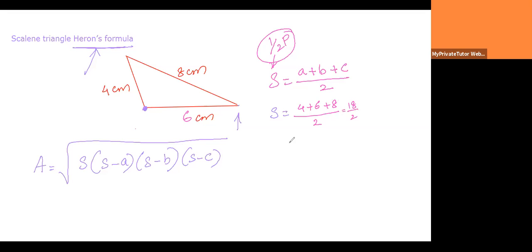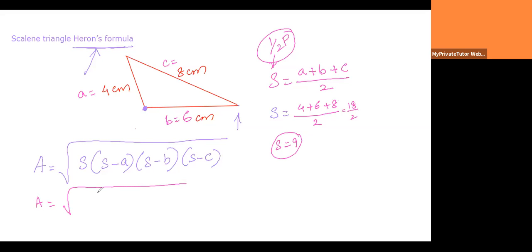So S value is 9, yes. And you guys know what the A value is. You can take any of these. If you're taking A as 4, B as 6, and C as 8, just substitute the values and we will end up getting the area of this scalene triangle.